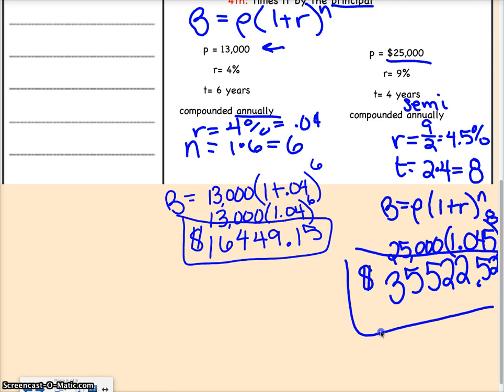That's it. Okay, I forgot, I punched it in wrong, or I typed it out wrong. It should be 35,552.52. That's what it should be.